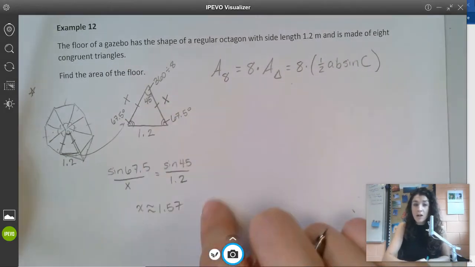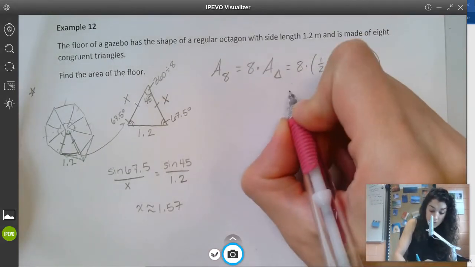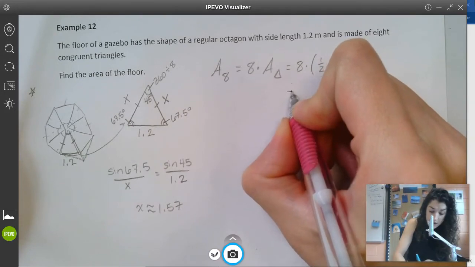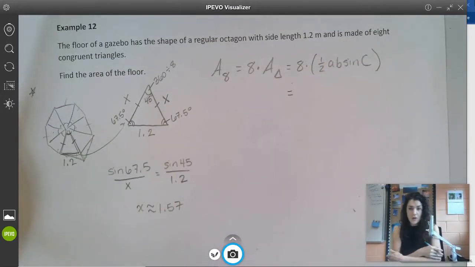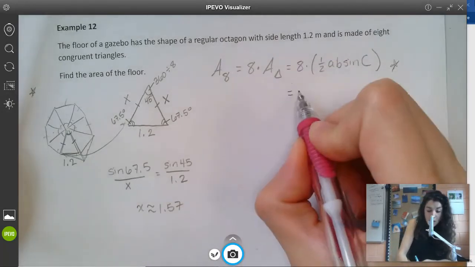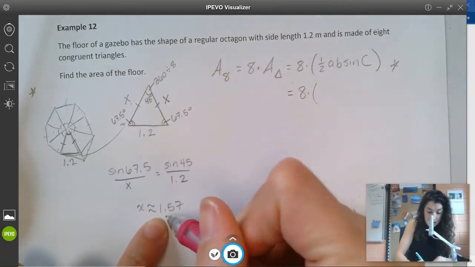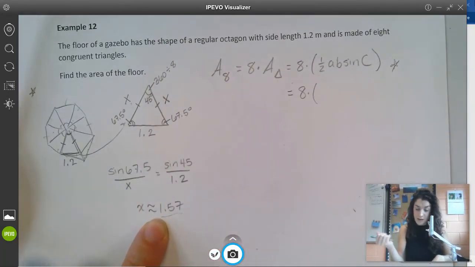So now that we have all of that information, you can choose whichever 2 side lengths and the angle between them that you want in order to solve for the area of the triangle. Go ahead and solve for the whole thing, not just the area of the triangle, but also the area of the octagon. I like to use this side length and just square it because I've just found it in my calculator.